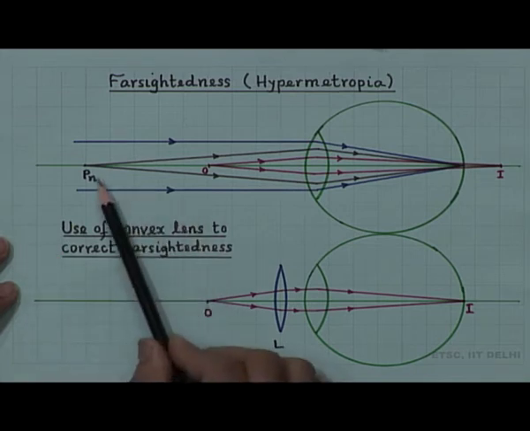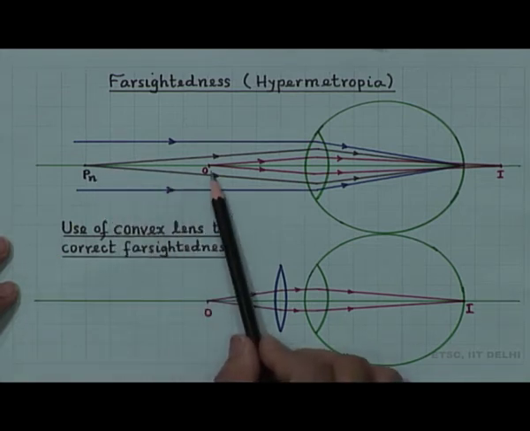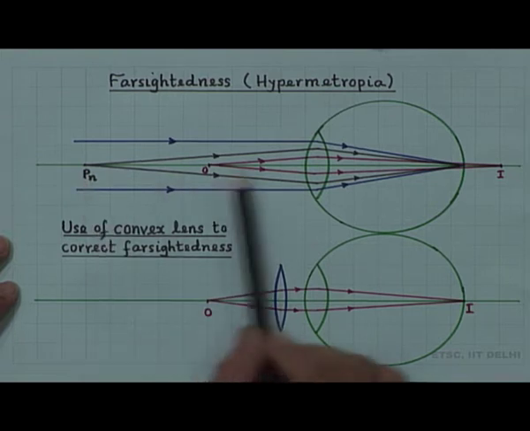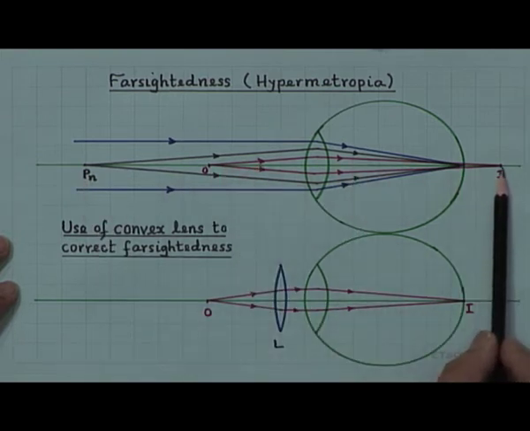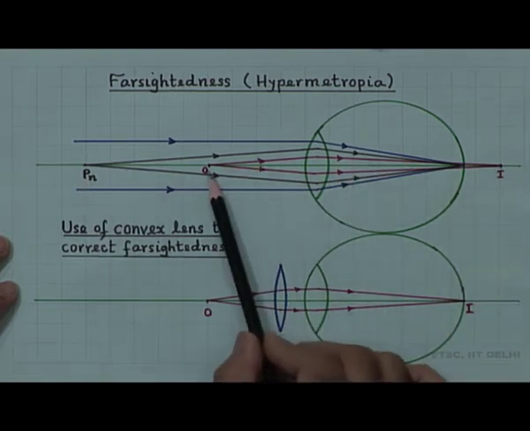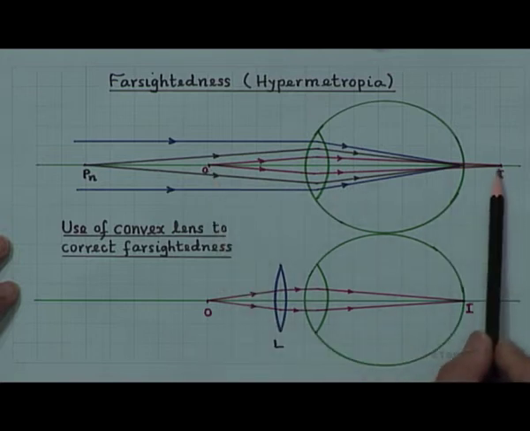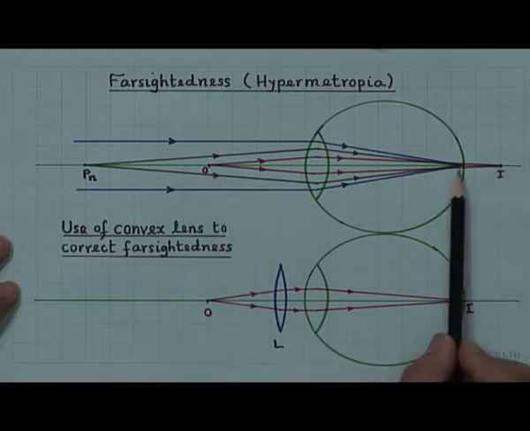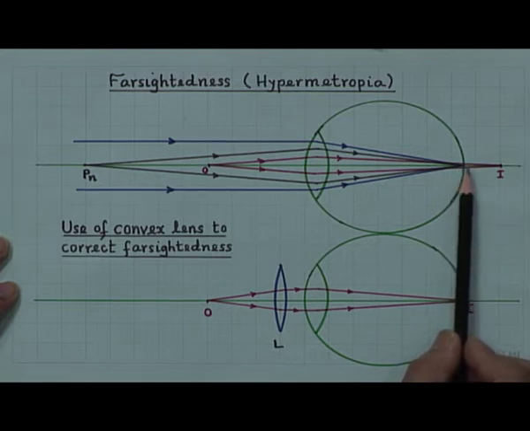And therefore, an object which is nearer than the near point will get focused outside, the image point is here. This object O is focused at the image point, which means on the retina it is not focused, and therefore he or she will see a blurred image.